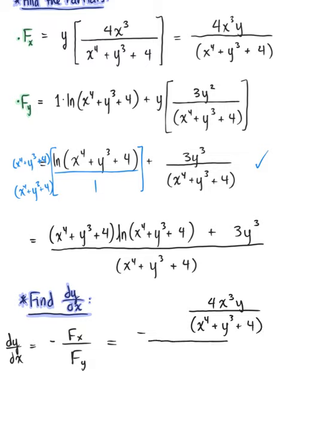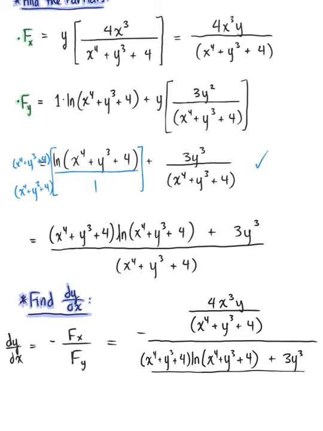Now, this is all divided by the partial derivative we just found: x to the fourth plus y cubed plus 4 multiplied by the natural logarithm of x to the fourth plus y cubed plus 4, plus 3y cubed, and this whole expression is divided by x to the fourth plus y cubed plus 4. Look at this monstrosity here.